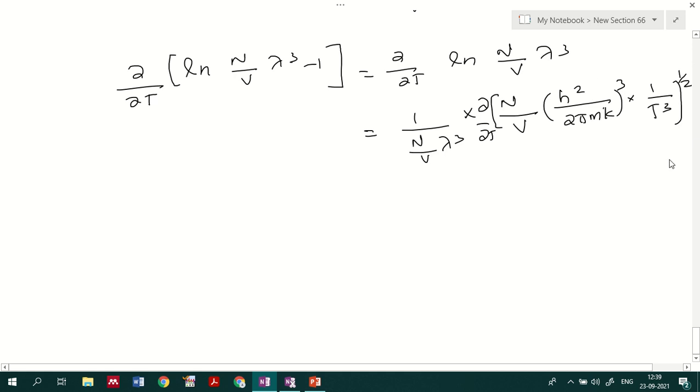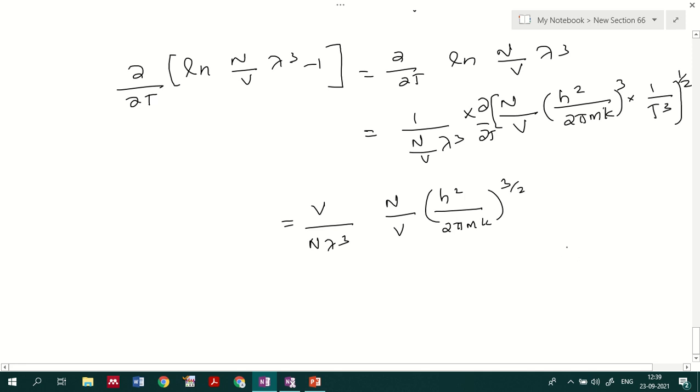So let me represent here. This I can write like this: V by N lambda cube into N by V, (h square by 2 pi mk) raised to 3 by 2.